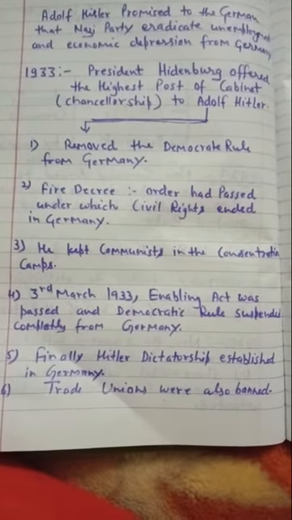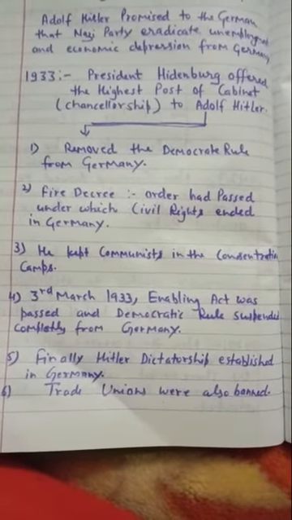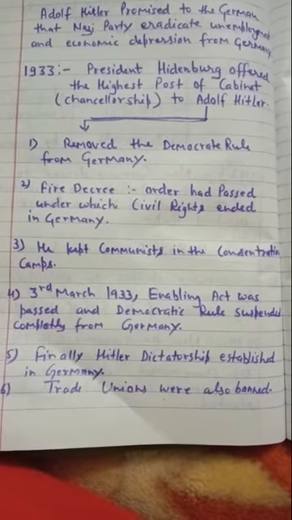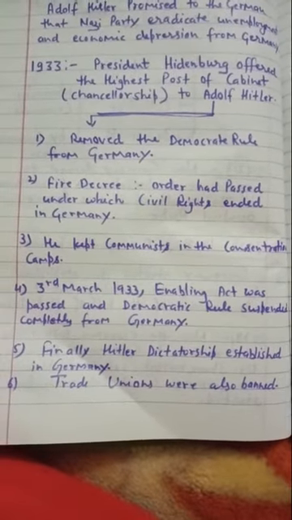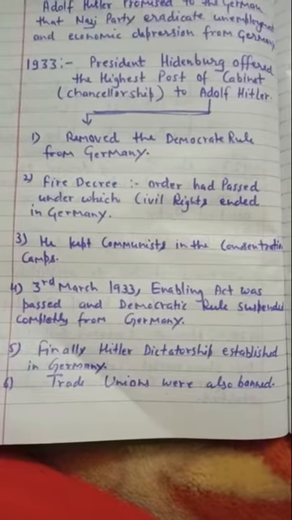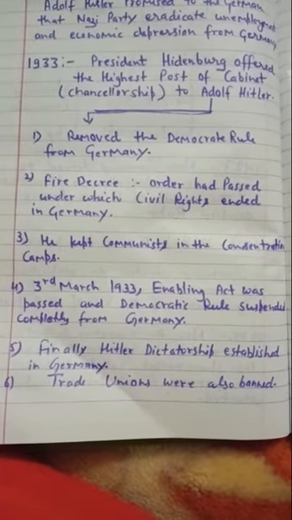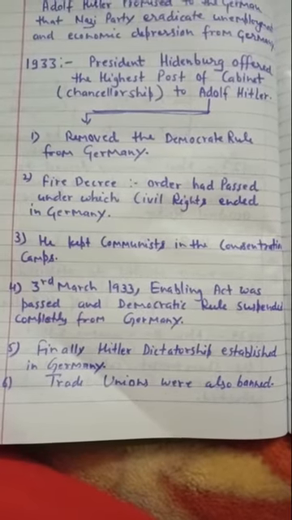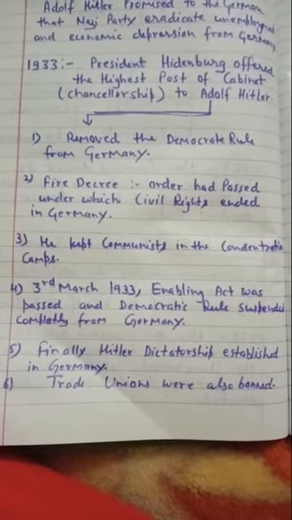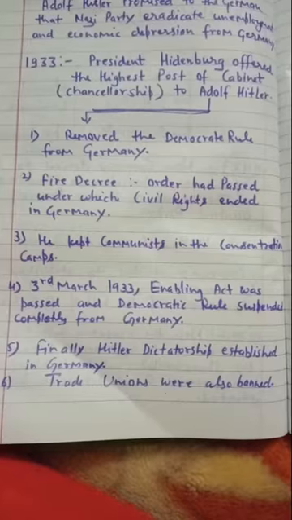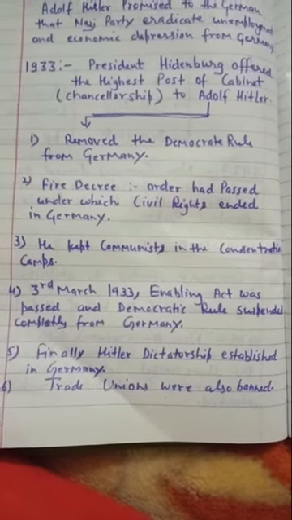Finally, Hitler's dictatorship was established completely in Germany, and he also banned trade unions. Only the Nazi party was allowed to form any meetings, associations or political parties. So he banned totally any type of trade union in Germany.